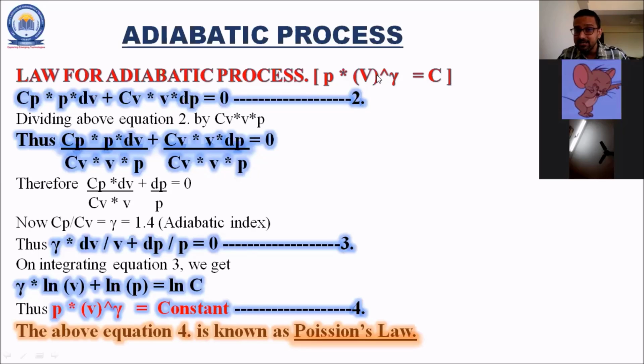In the adiabatic law, we need to have the total volume. That means here it is capital V and here it is small v. So again we need to proceed further in order to get this final answer. Try to note down this point in your book so that you do not make the error in the examination. This equation number 4 is known as Poisson's law.